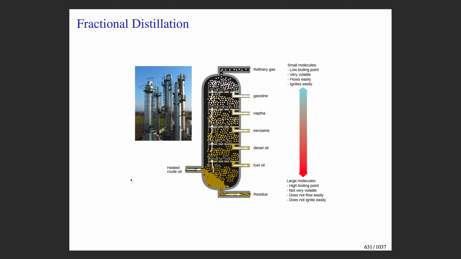So you have raw crude oil coming in here, and then through a series of pipes, basically, what you do is you heat up the crude oil, and then the components with the lower molecular masses rise to the top. Okay, because they're the more volatile components, and the heavier components of the crude oil stay at the bottom, and then you can separate them at different points in these large containers.